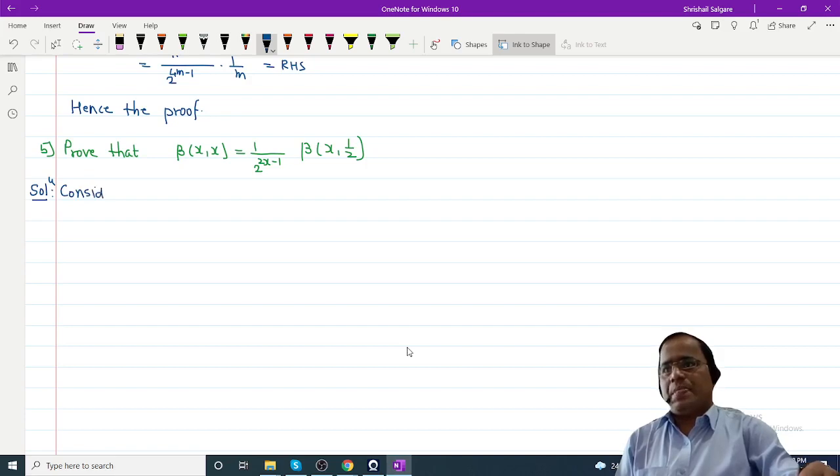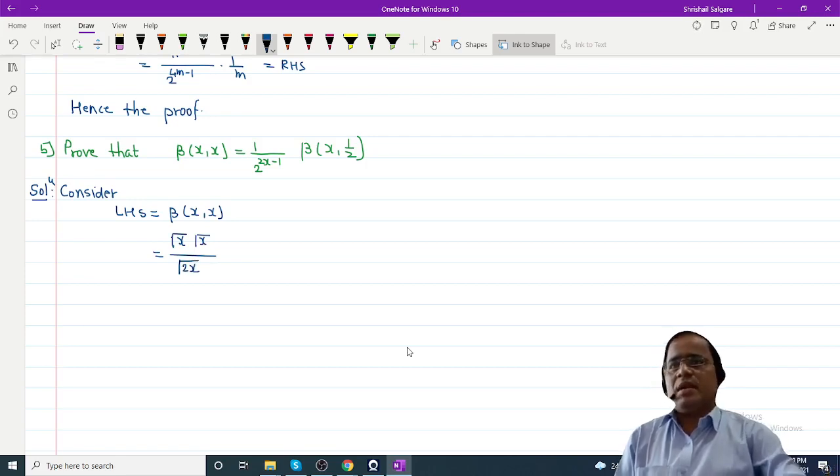Consider LHS is equal to beta of x and x, and by using the relation between beta and gamma function, I will write it as gamma x into gamma x divided by gamma of 2x.